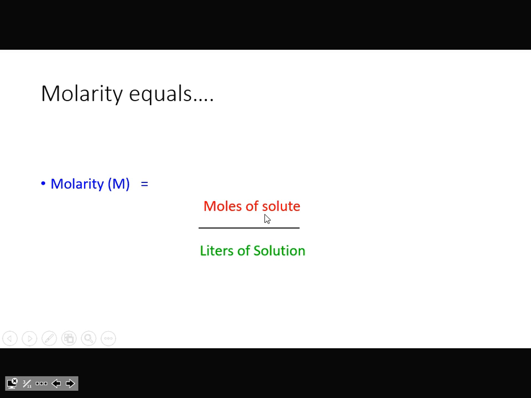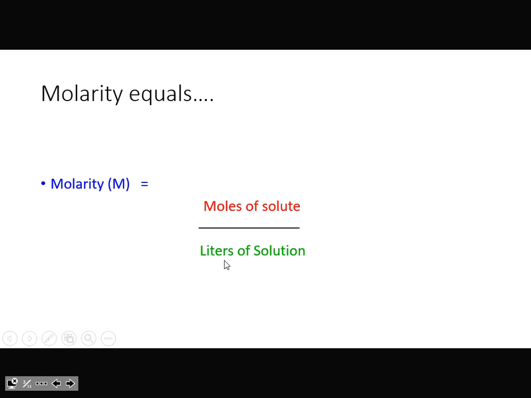At times, both myself and WebAssign will give you milliliters. We don't want milliliters, we want liters, so you're going to have to convert from milliliters to liters. So once again, molarity, capital M, is equal to the moles of the solute divided by the liters of solution.